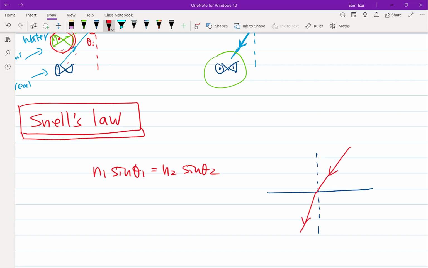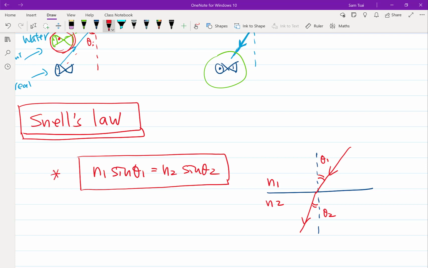For the refractive index, this is n1, this is n2. The incident angle is theta 1, and the angle coming out is theta 2. This formula applies. Remember sine and cosine of theta. We will see an example of how to use this formula, but this is the idea of Snell's law.